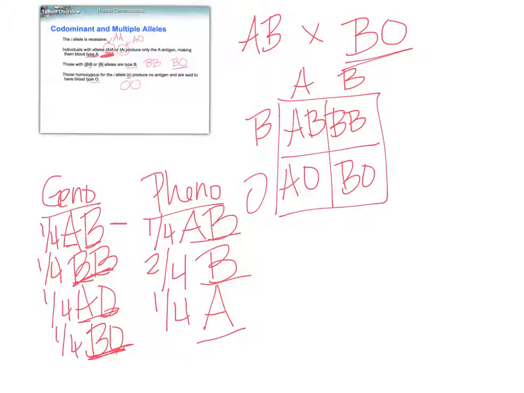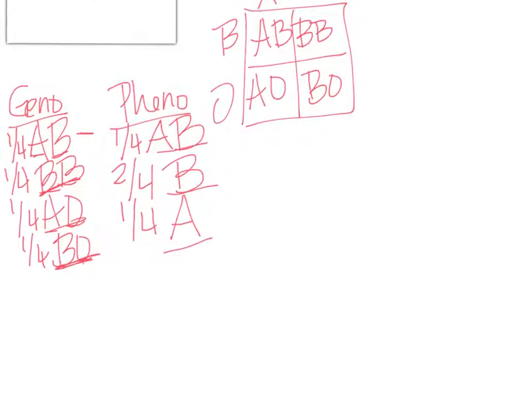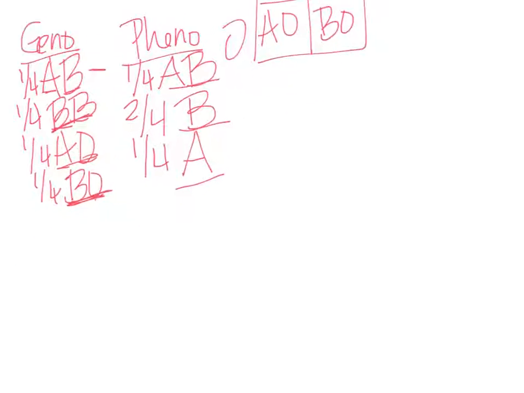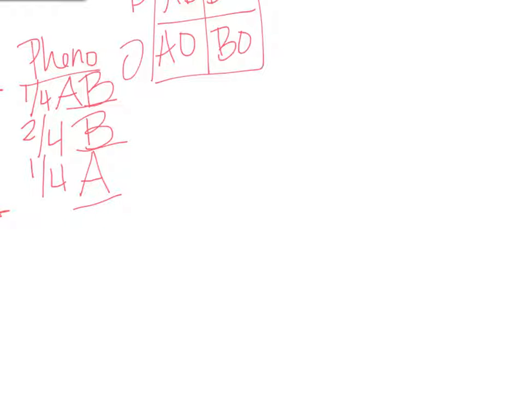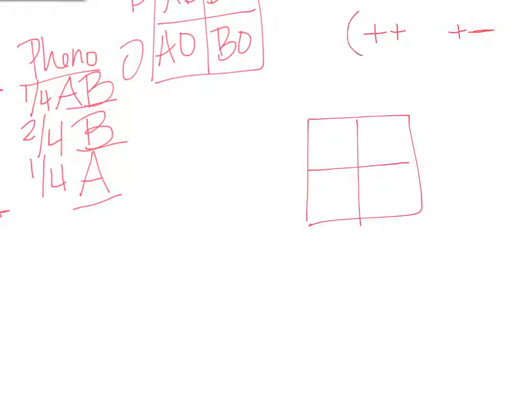The other thing that we can do here is if we want to add in and do a Punnett square on Rh factors, you would have to do a whole other Punnett square. Let's say one person is homozygous for Rh positive, so they'd have 2 positives, and the other person is heterozygous positive.